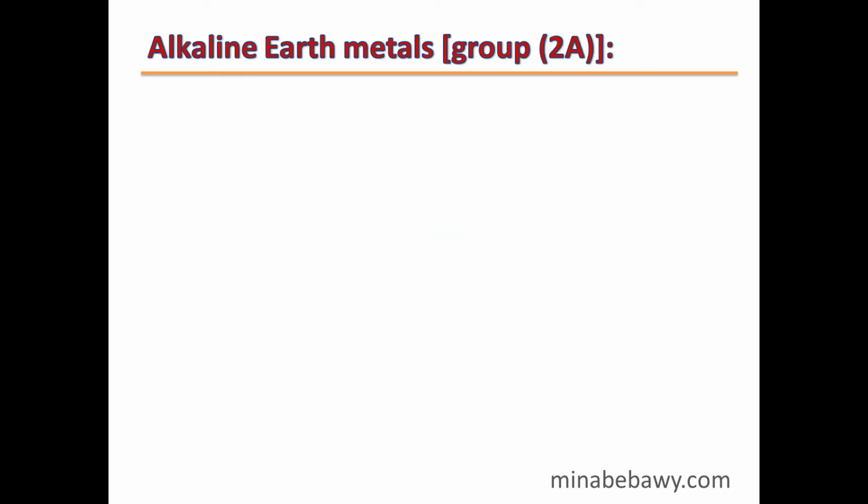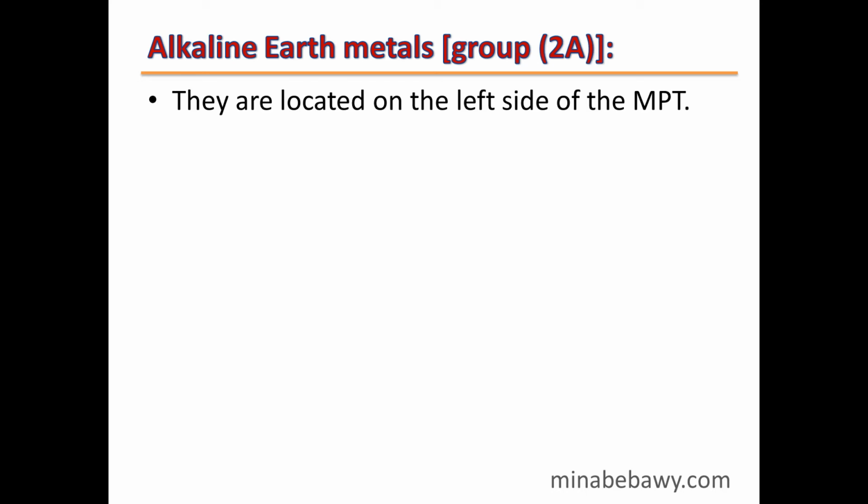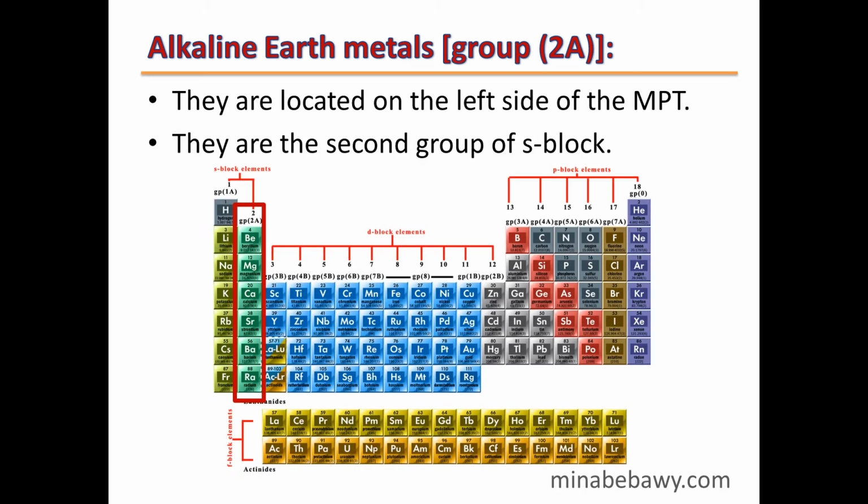Let's talk about the second group or group 2A, which is called alkaline earth metals. They are located on the left side of the modern periodic table, and they are the second group of S block.